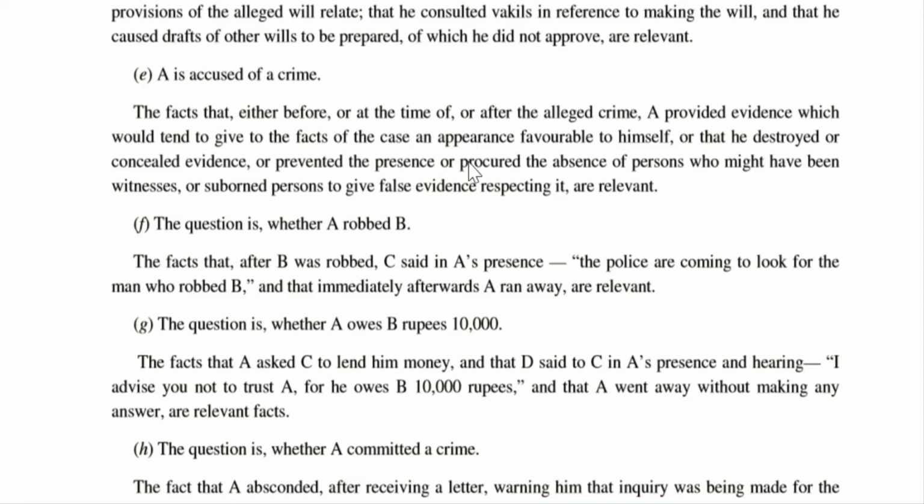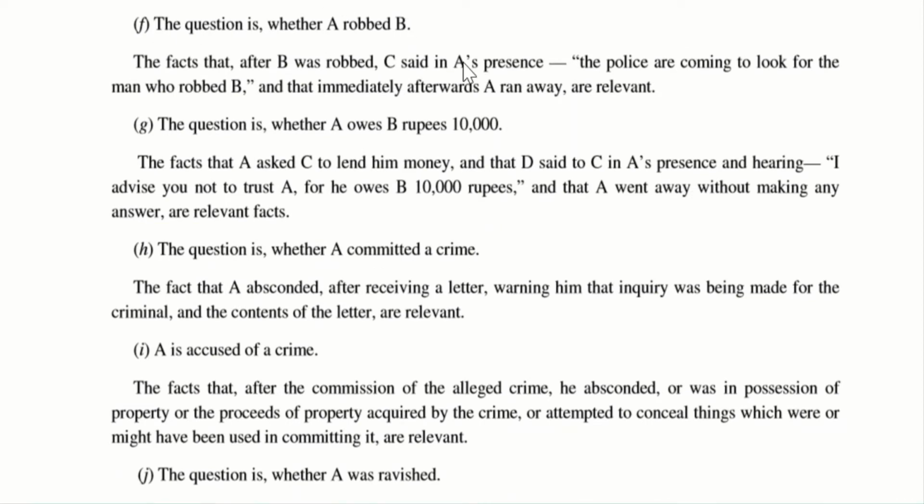Now let us move to the next example, F. The question is whether A robbed B. Let us try to visualize the situation of this particular illustration. Imagine there is a public place where A is going and robbing B. But there is another person named C in that place.